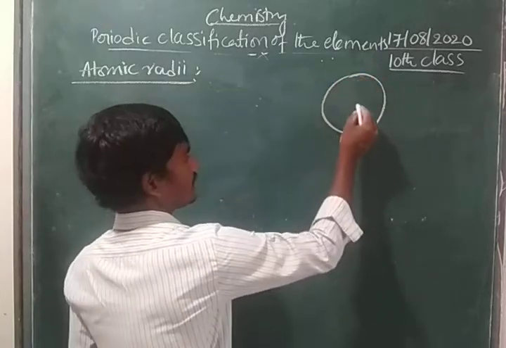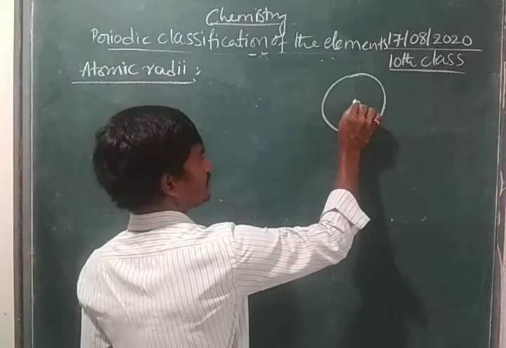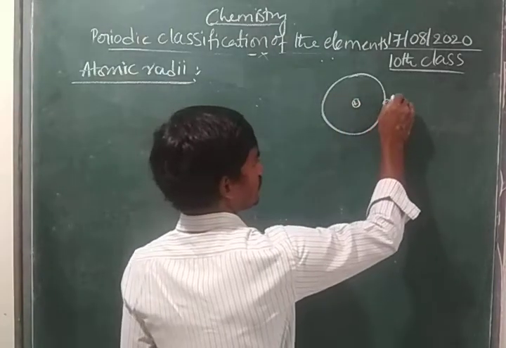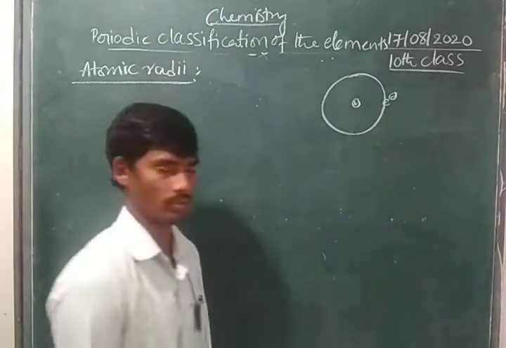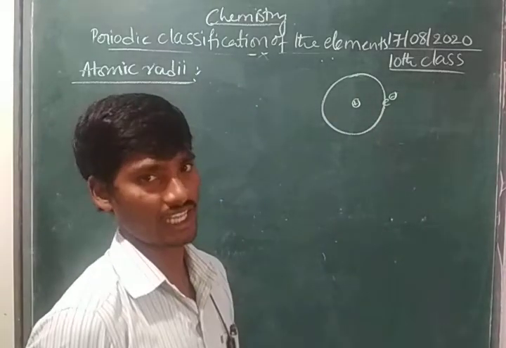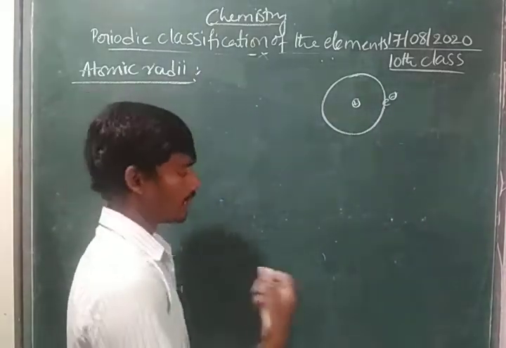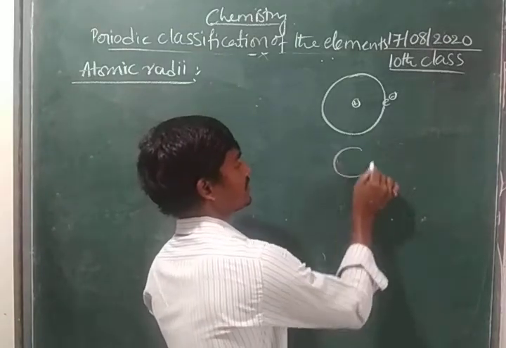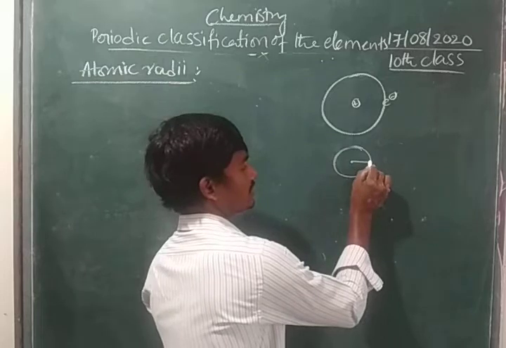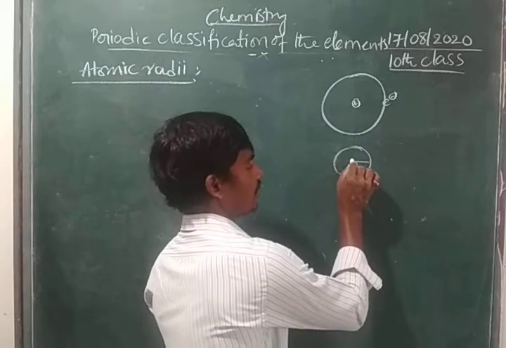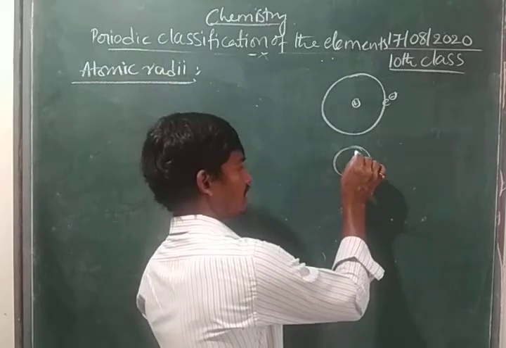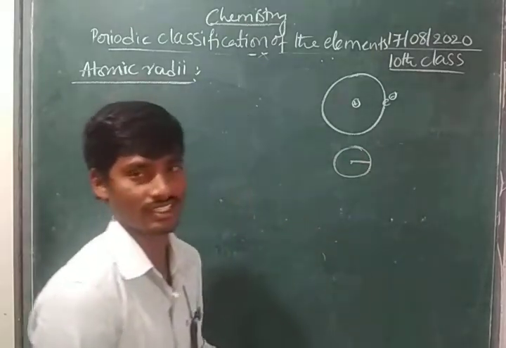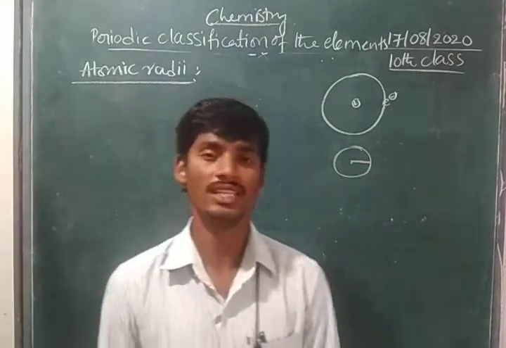The distance between this, which we consider as the nucleus, and this, which we consider as the valency electron. Mathematically, if you consider a circle, this is the center of the circle, and the total distance is the radius of the circle.